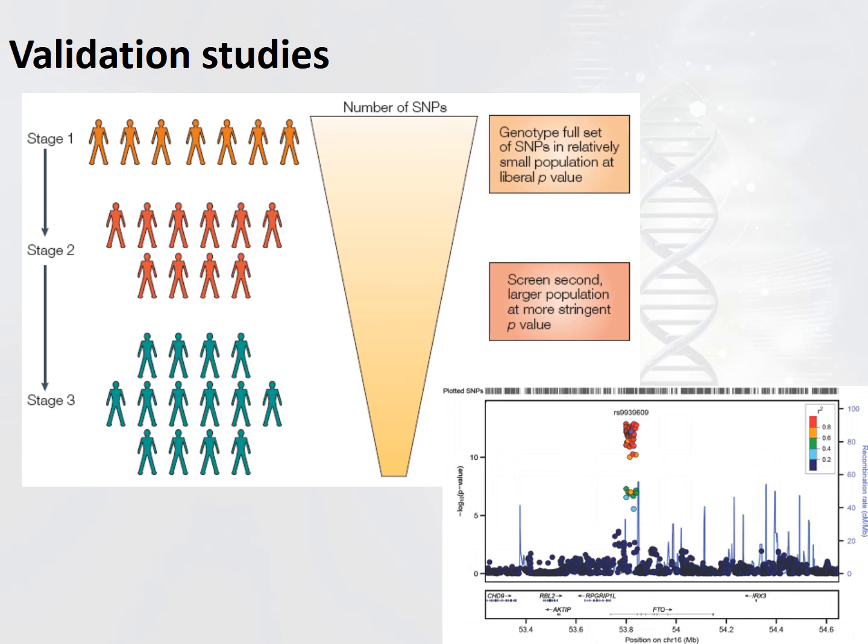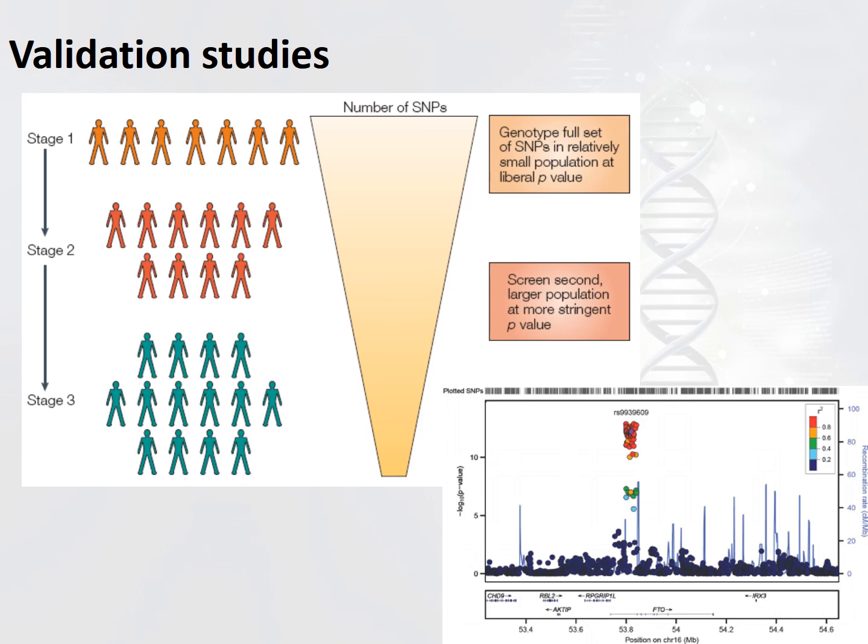Basically, we need validation in order to weed out the false positives from the true positives. And for that, it usually happens in a multi-stage replication approach, which protects against false positives and minimizes the chance of false negatives.